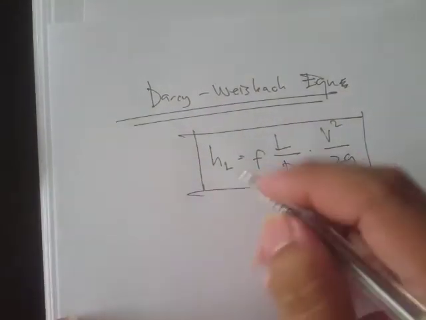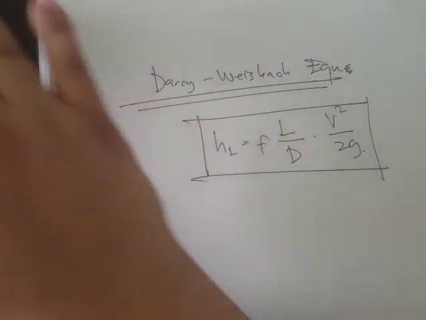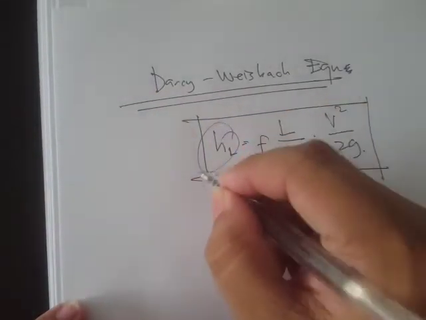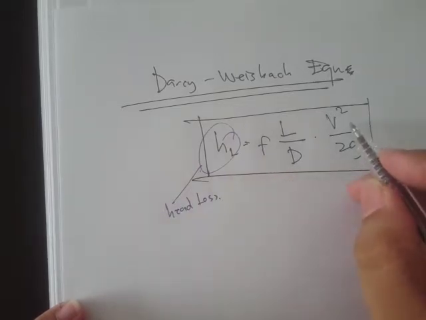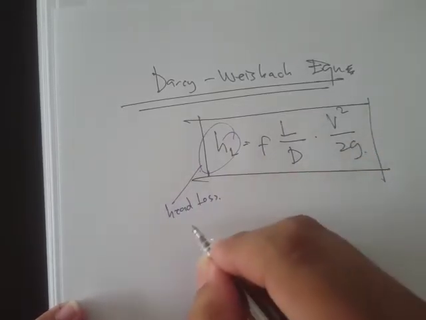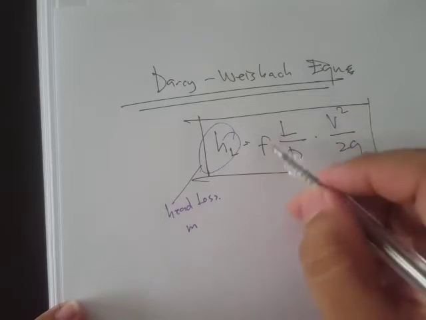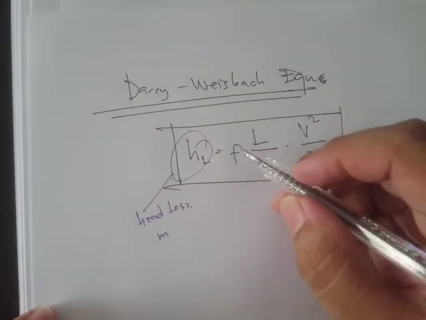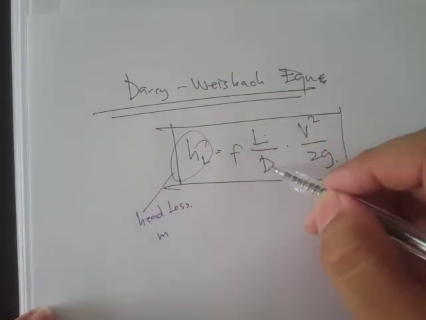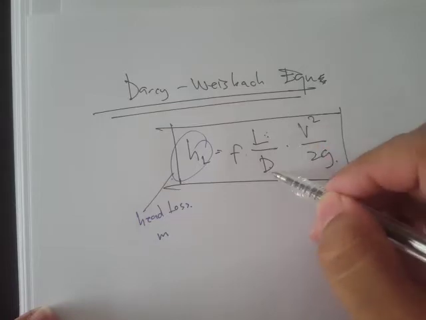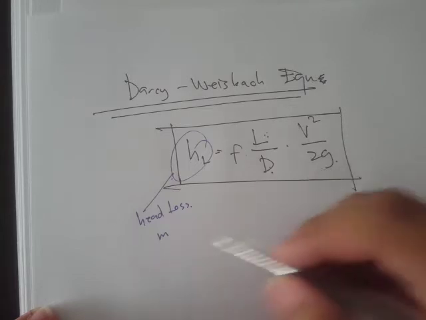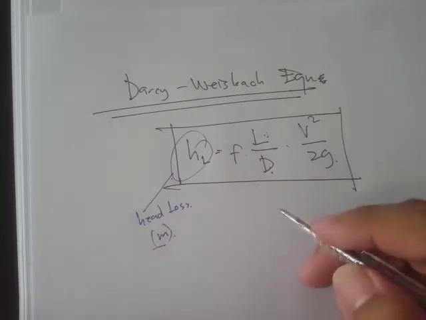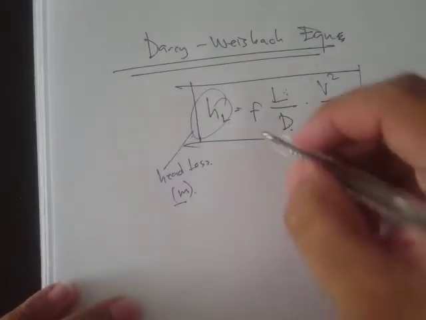This is the head loss, and its units would be in meters, because L over D is a dimensionless parameter, length divided by length, equal to 1, and this one is the unit of head. So our units would be in terms of meters.